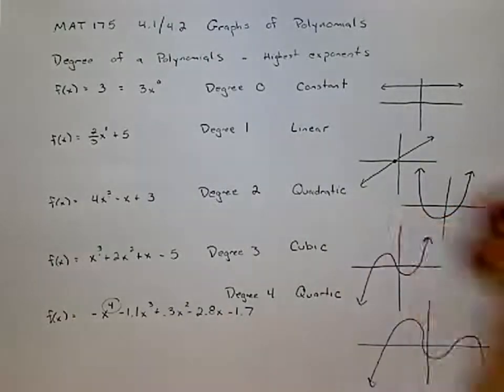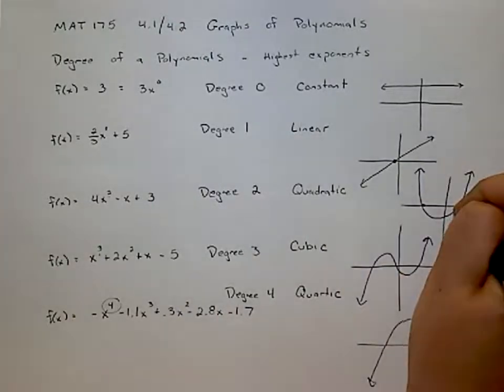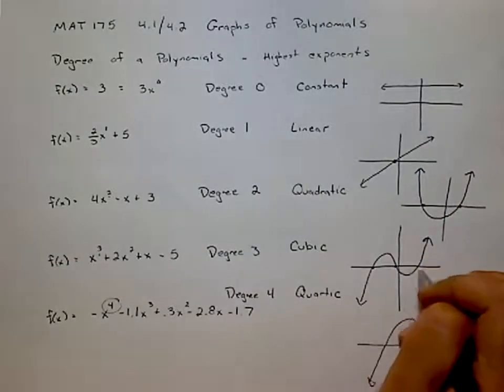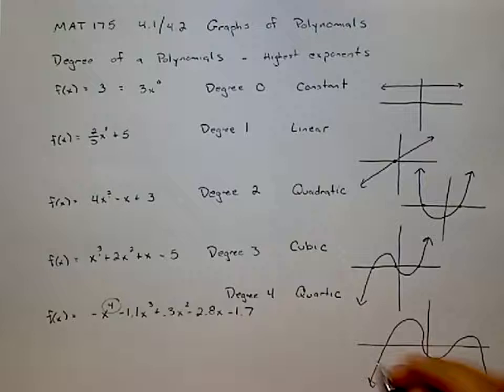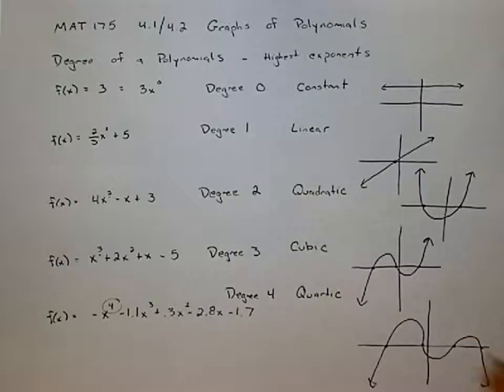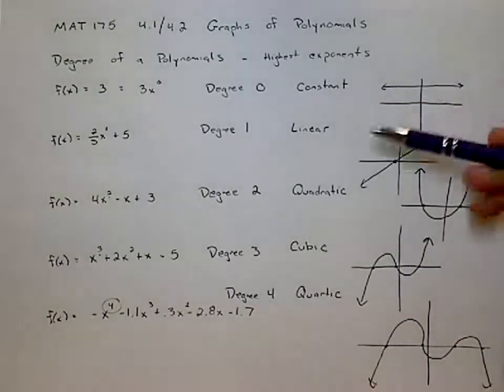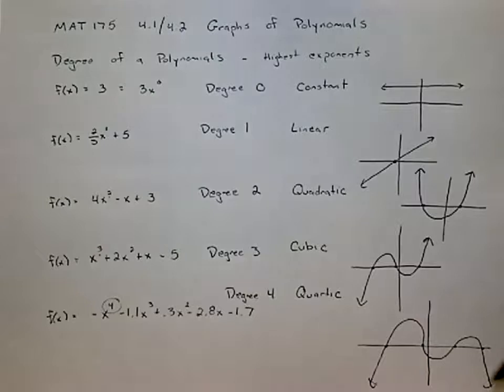A quadratic can cross it a maximum of 2 times. A cubic, a maximum of 3 times. And a quartic, a maximum of 4 times. Okay? Notice I'm saying a maximum because they don't have to cross it that many times.